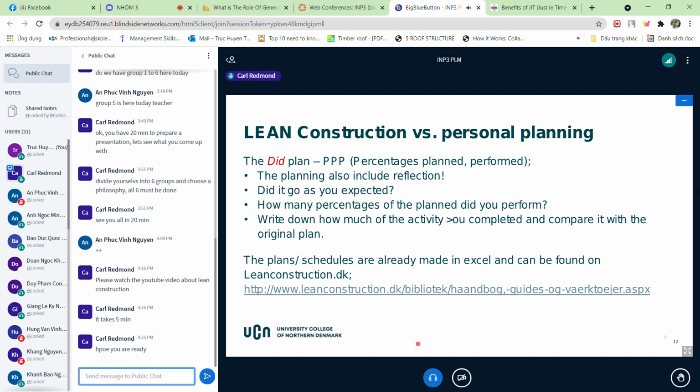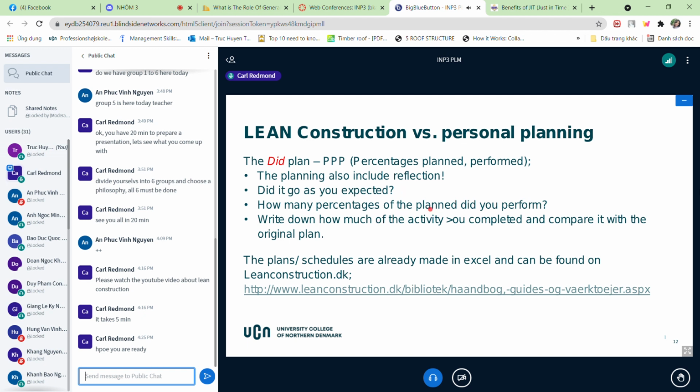The did plan is also to look at the percentages planned and performed. Planning also has to include reflection, because when we've had an idea, we need to know how that idea panned out, or what happened through the week. Did it actually go as you expected? And I think probably if we're really honest with each other, normally things really don't go as expected. So we need to take these things into consideration.